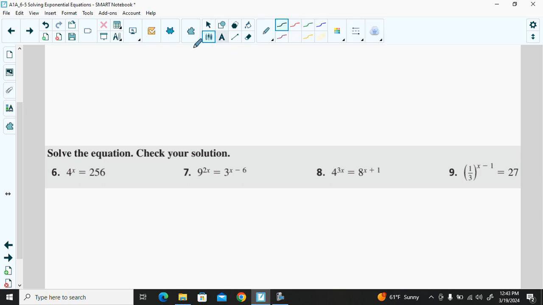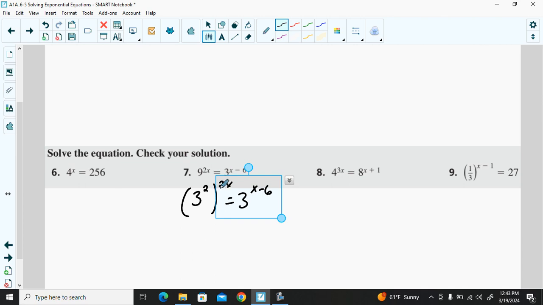So problem 7, we have to rewrite the 9 for the base of 3. So 9 we know is 3 to the second power. We're raising that to 2x. And then we have, that's equal to 3 to the x minus 6. When we raise a power to a power, we have to multiply those exponents.